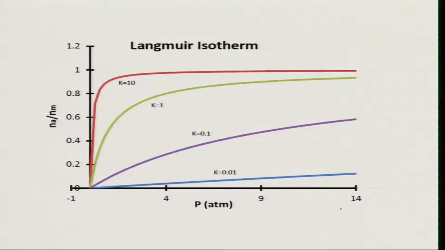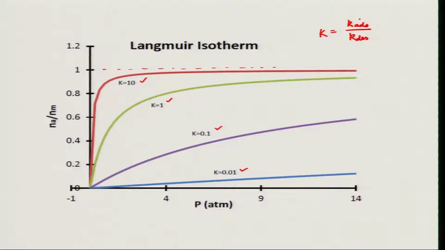These are the Langmuir isotherm plots for different K values. As you see, as K increases, the monolayer formation close to 1 happens at lower pressure. K is the ratio of the adsorption rate constant divided by the desorption rate constant.